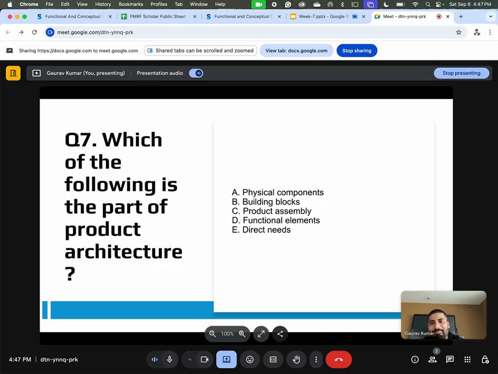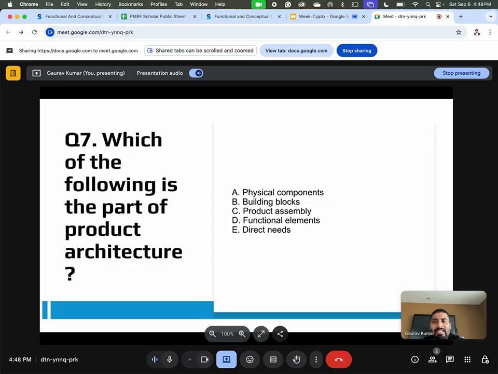to assemble, maintain and upgrade. Functional elements finally provide the logical link between customer requirements and components, ensuring alignment between what the product must do and how it does it.